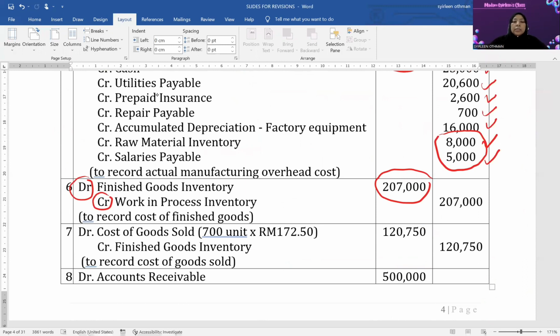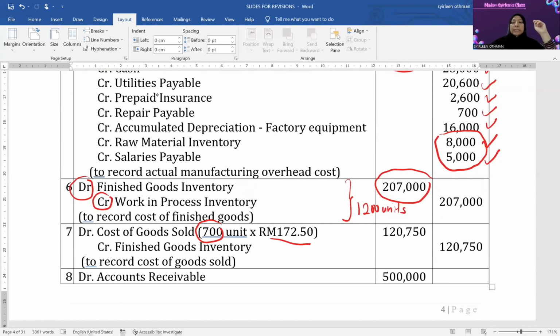So this is for 1,200 units. From these 1,200 units, only 700 units went out, which were sold. We already calculated the cost per unit just now as 172 ringgit and 50 cents. So when I sell only 700 units, I will multiply 700 with 172 ringgit 50 cents.